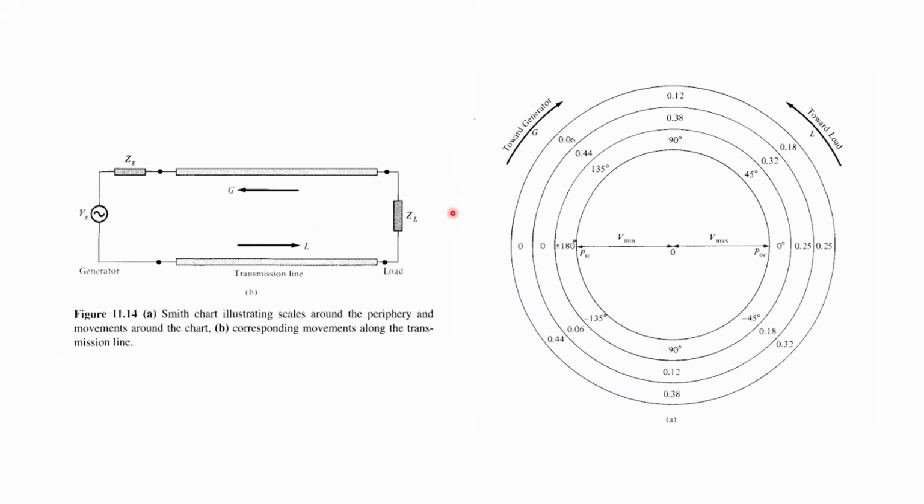So this is your ZL, and if you want to find the impedance Z in at this point, this point, wherever, and you are moving from this load to the generator, then you have to move on the Smith chart clockwise. Similarly, if you have the value of Z at this point and you are moving towards the load, then you have to move anti-clockwise. So this is the short discussion.